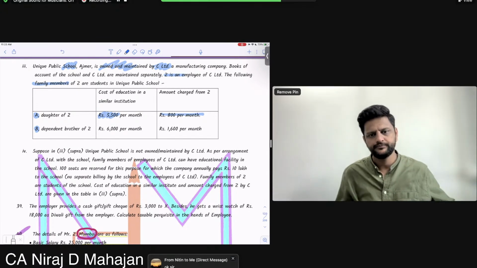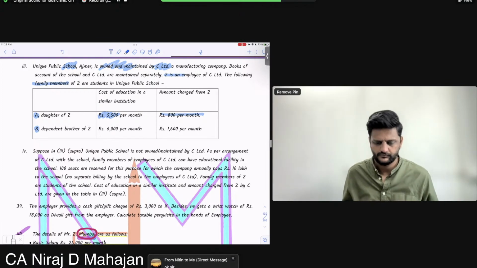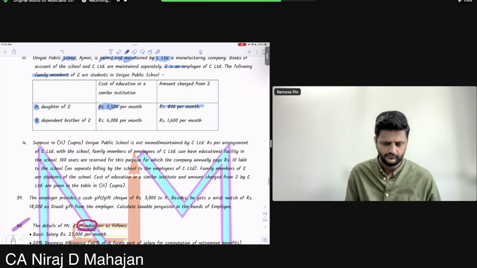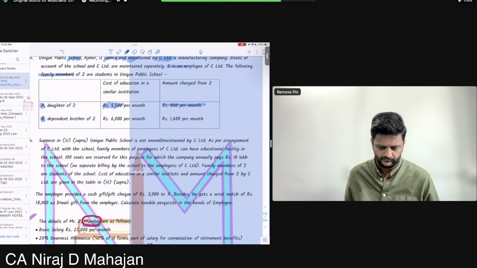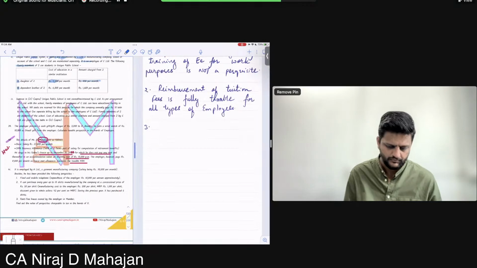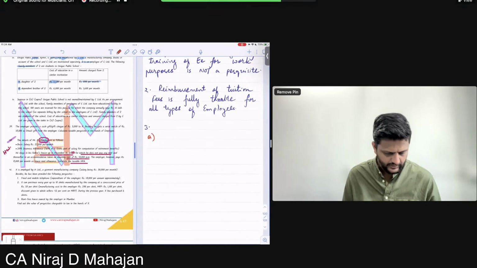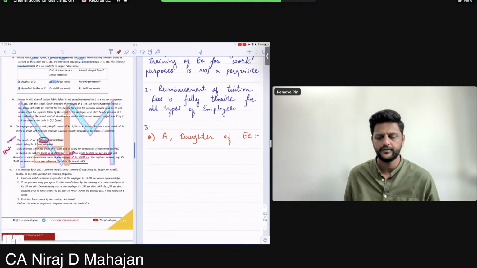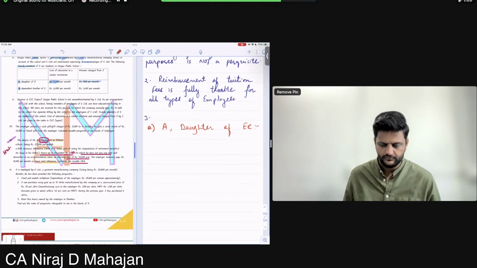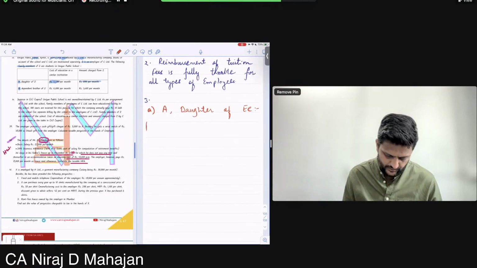So let's write down. Point number 3. First, under that, A, that is what? Daughter of Z. Employee. What will be the perquisite?